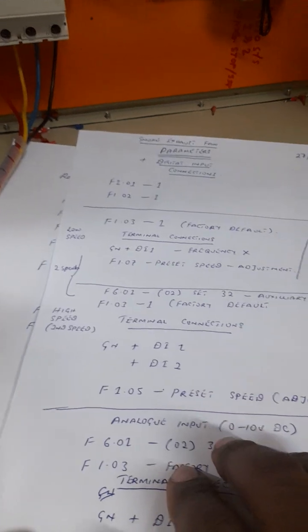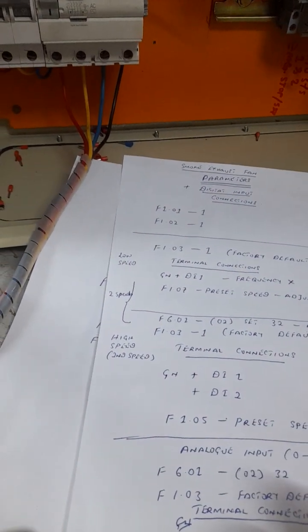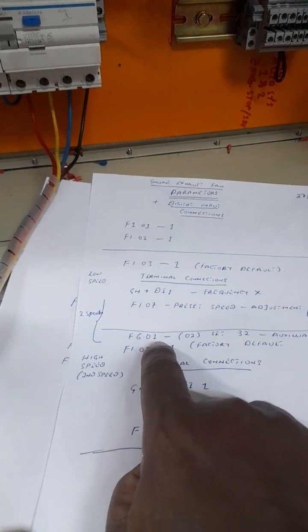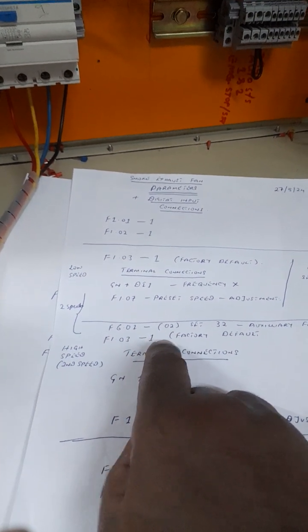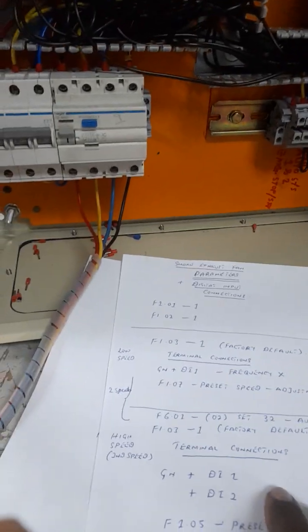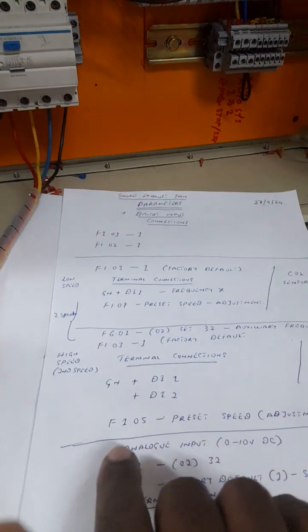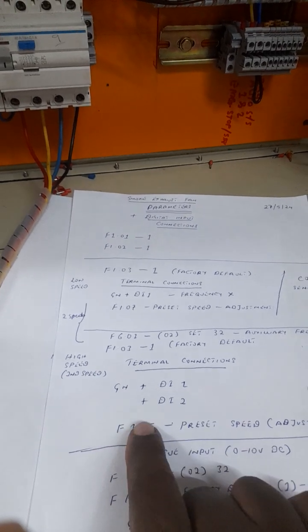The second speed, how to make sure of that: f6.01, which at default is 0.2, is set at 32. The reason is that in this case I'm taking between ground, digital input 1, and digital input 2.